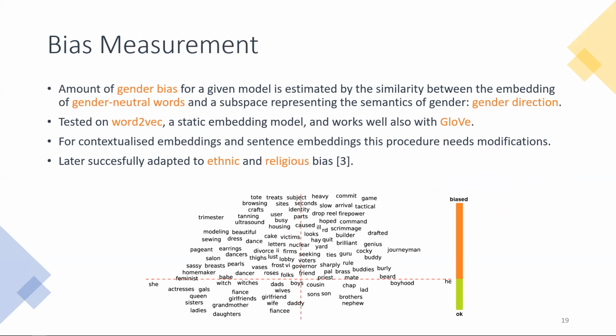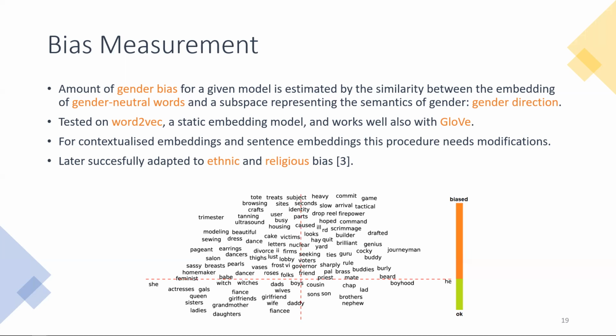And how did these researchers actually measure gender bias in their work? What they did is to take this word2vec model, which is a static word embedding model, but the same applies to, for instance, GloVe, which is another static word embedding model from Stanford. So what you do is to identify a direction, a sort of subspace in your multidimensional vector space that represents the embedding model.